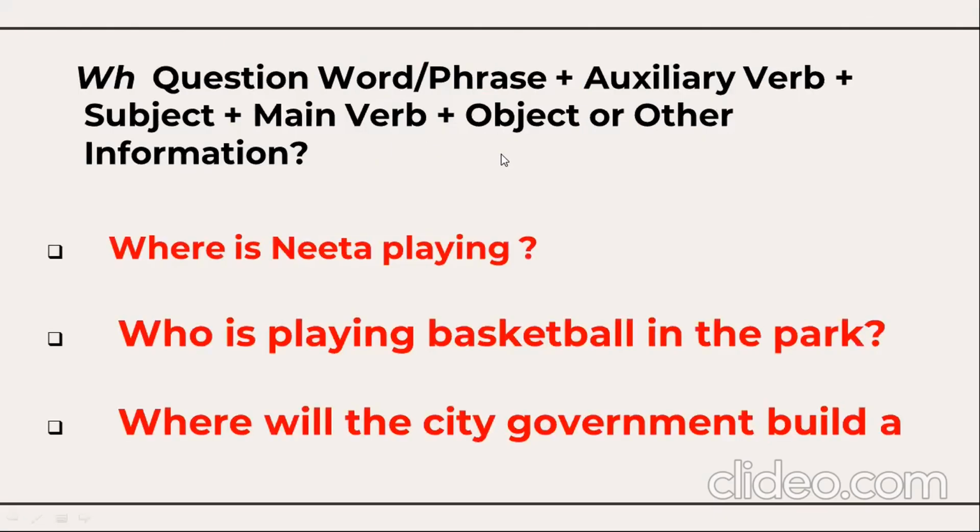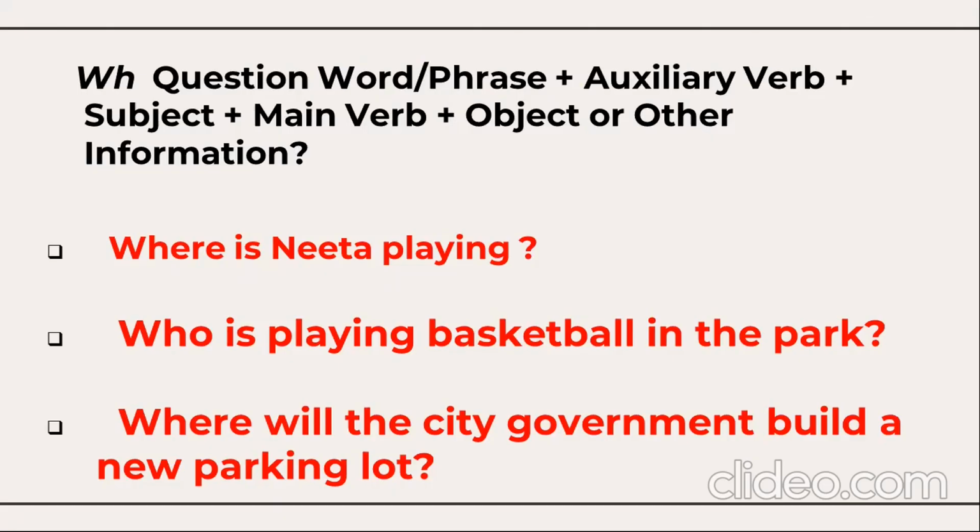Let's see the example. See here, WH word: where is Nita playing? Don't say where Nita is playing. This is the mistake many students make. Where you are going? Many people say where you are going. It's wrong. Soon after the WH word, you should use the helping verb. Where are you going?